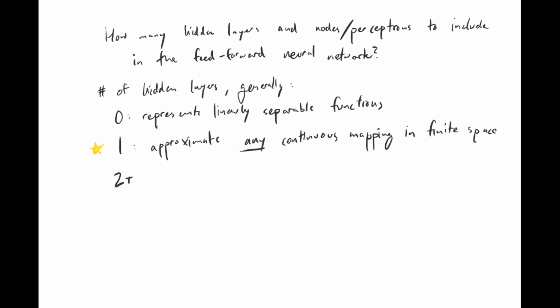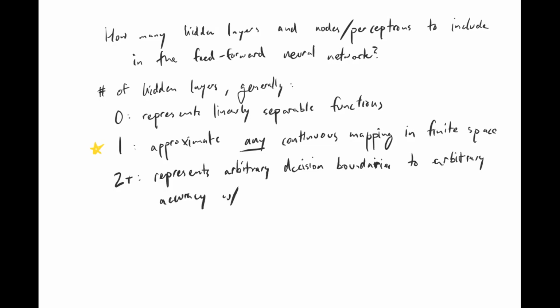2 plus represents arbitrary decision boundaries, to arbitrary accuracy, with the correct activation function.